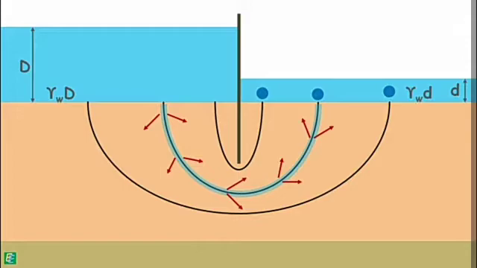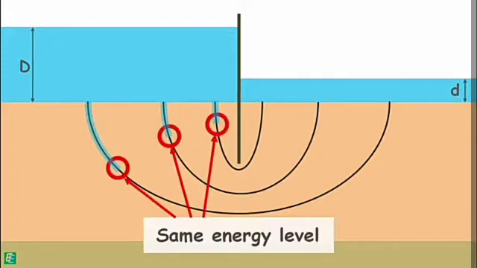Each flow line comes from the upstream surface, which has pressure head gamma times big D, and travels through the soil, constantly losing energy, and arrives at the downstream surface, which has pressure head gamma times small d. So we can pick certain points on different flow lines where the total energy loss is the same, meaning the same energy level.